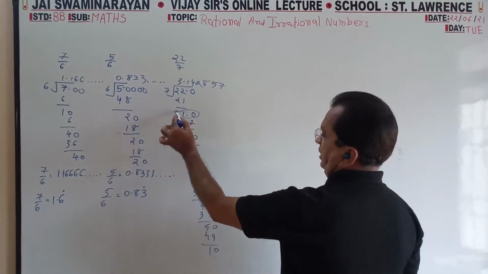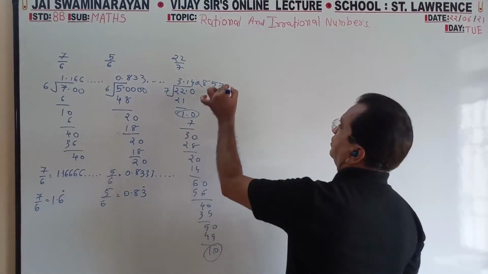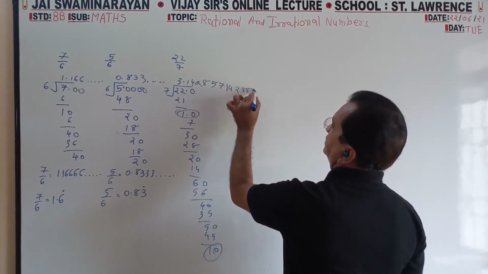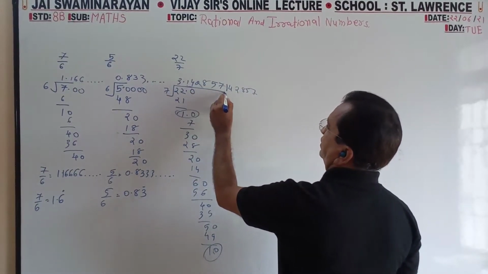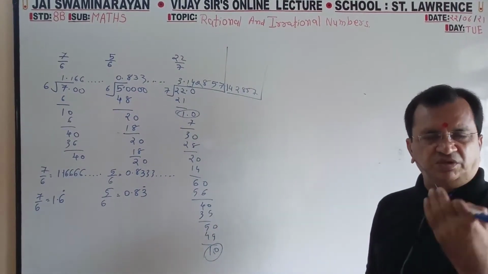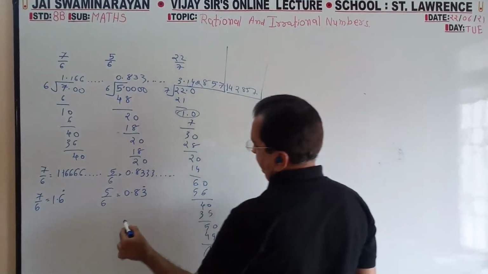So see, 10 again. So 7 ones are. So again it will come 1 4 2 8 5 7, 1 4 2 8 5 7, then 1 4 2 8 5 7. So this number will recur.